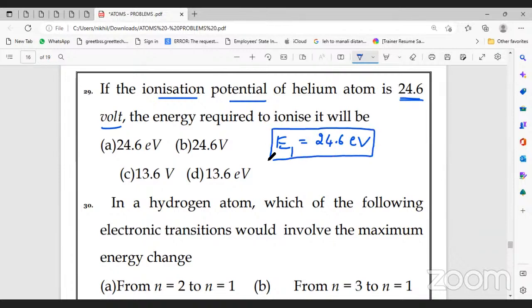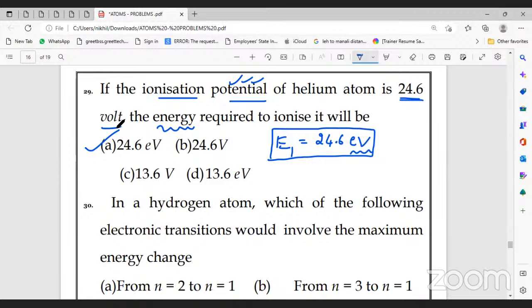So whatever the potential is there, that same value we have to write for energy, but instead of writing in terms of volt, you have to write it as electron volt. So 24.6 electron volt is the ionization energy of the helium atom.